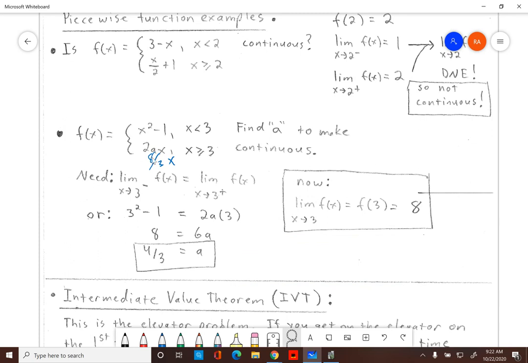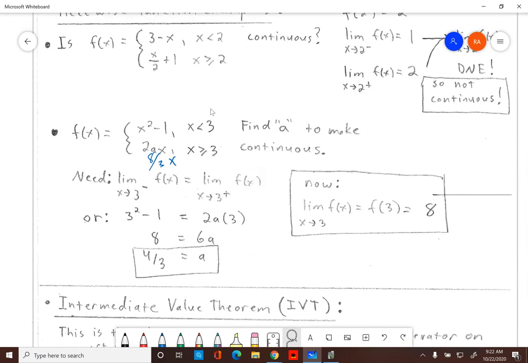No, because the a is 4/3. This was the a number to determine the function. I want to plug 3 into the left. If I plug 3 into the left function, I get 8. If I plug 3 into 8/3 x, I get 8 times 3 divided by 3, which is 8. So since the limit from the left is equal to the limit from the right, which is both equal to 8, the limit exists and it is equal to that value of 8.